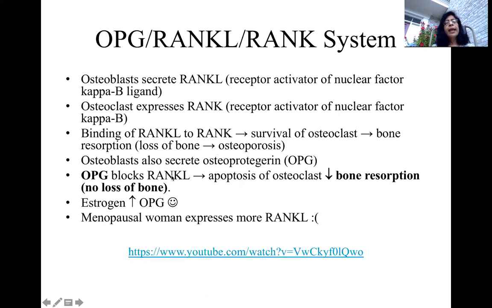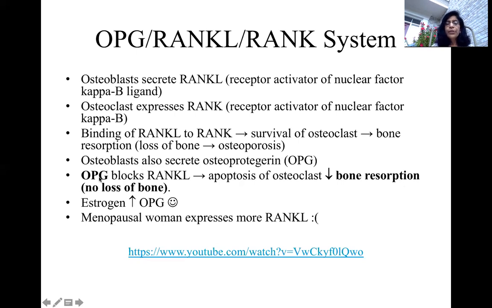So when RANK ligand doesn't bind to RANK, the cell survival is an issue. Apoptosis is cell death, okay? Cell death of osteoclast would limit the action of osteoclast, decreased bone resorption. So less bone resorption in the presence of OPG. That's how you remember.